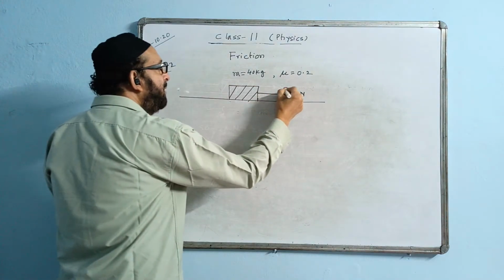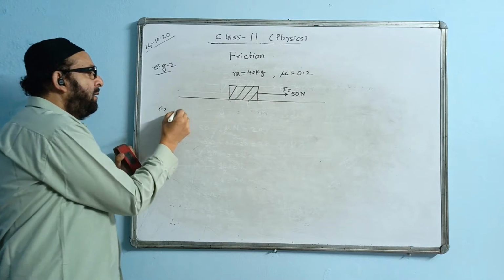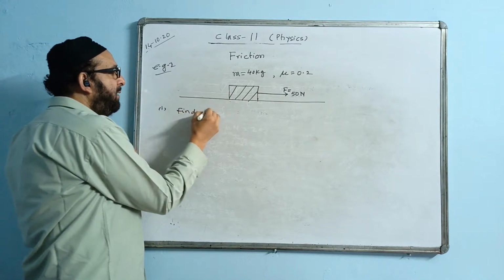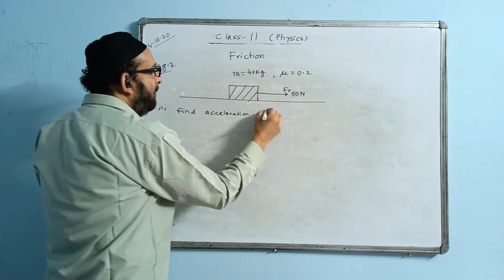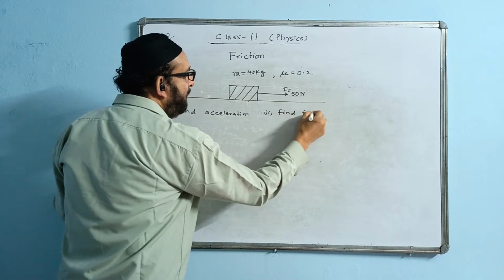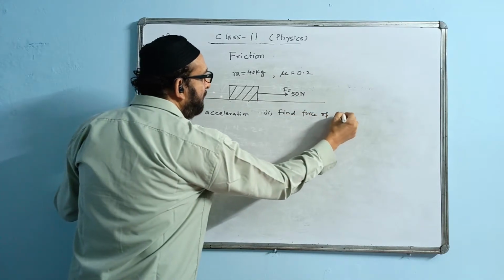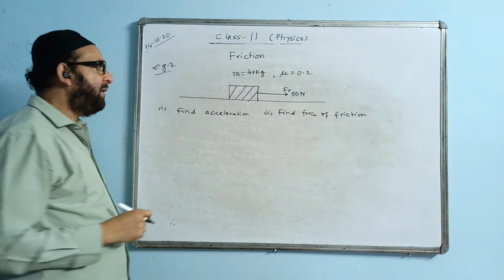The force of 50 Newton is applied here. The question is asking two things. First part, find acceleration. And number 2, find the force of friction. Two things we have to find.